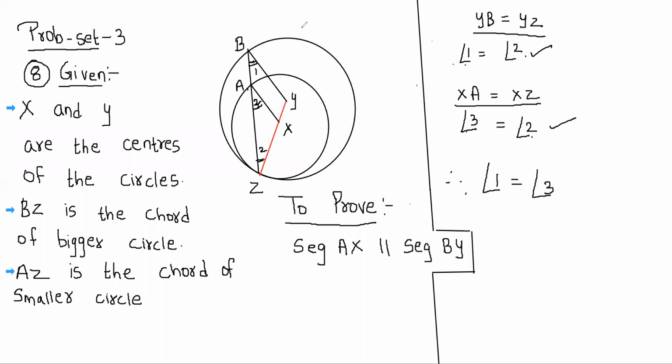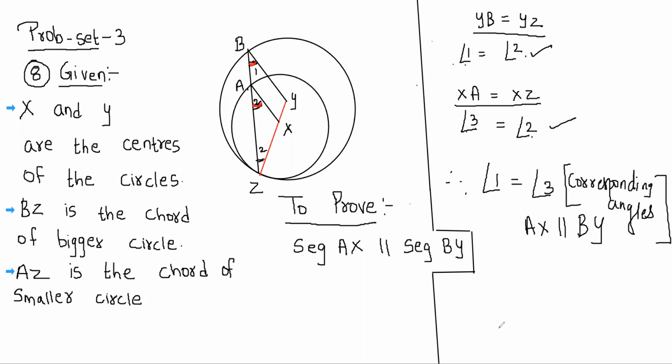Hence by the corresponding angle test, we can say that AX is parallel to BY, because these angles are corresponding angles. Hence proved.